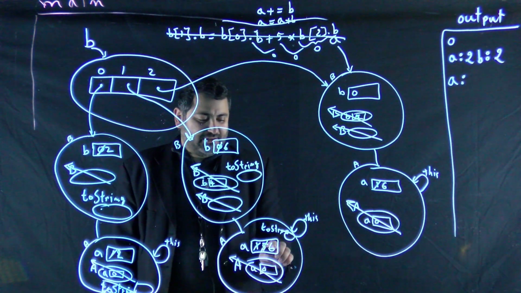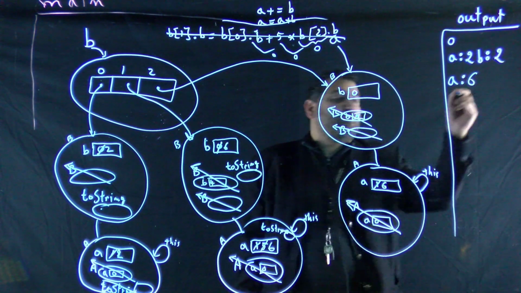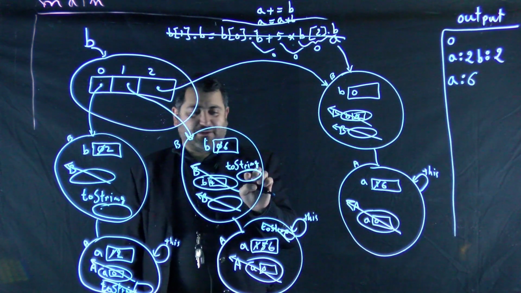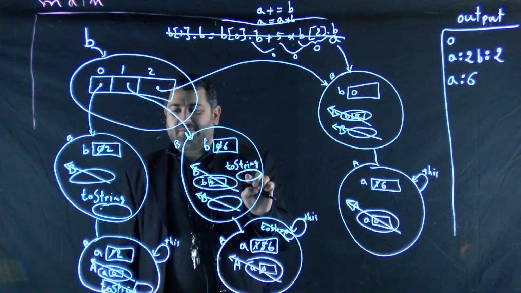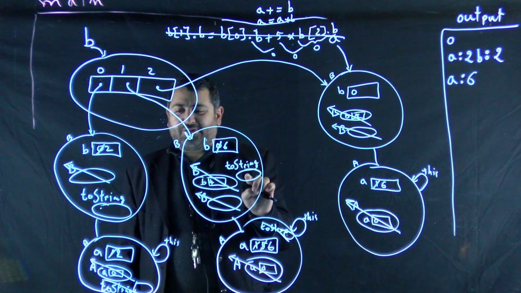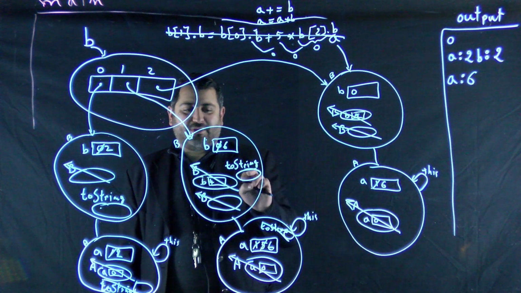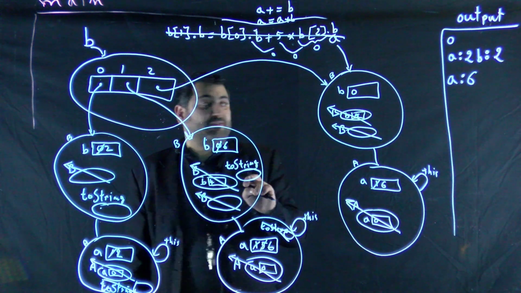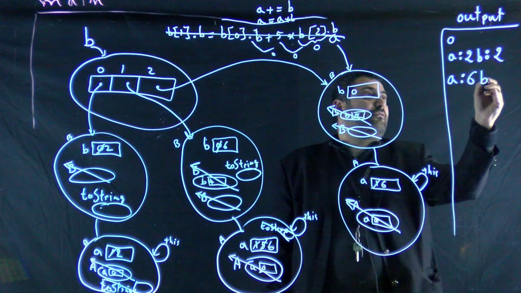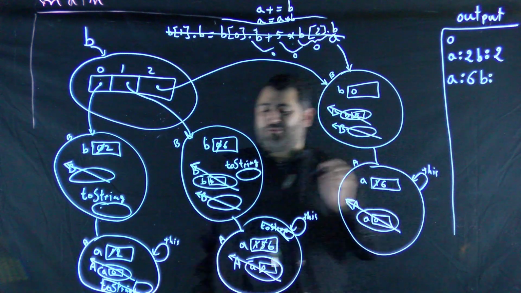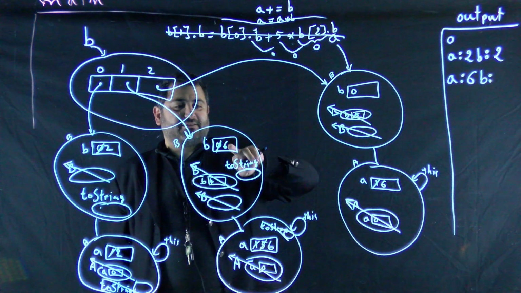What is A? A is 6. Now this is done. It comes back to this method, a toString inside class B. Remember, we said return super.toString, and now we have to add plus B colon plus B. So B colon, and what's the value of B? There it is, 6.